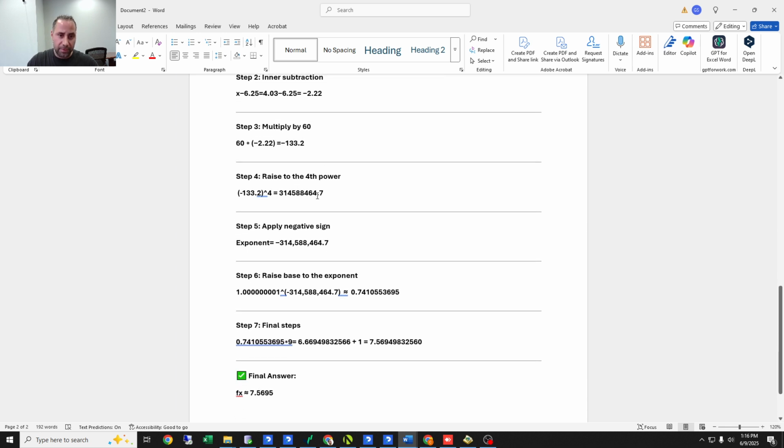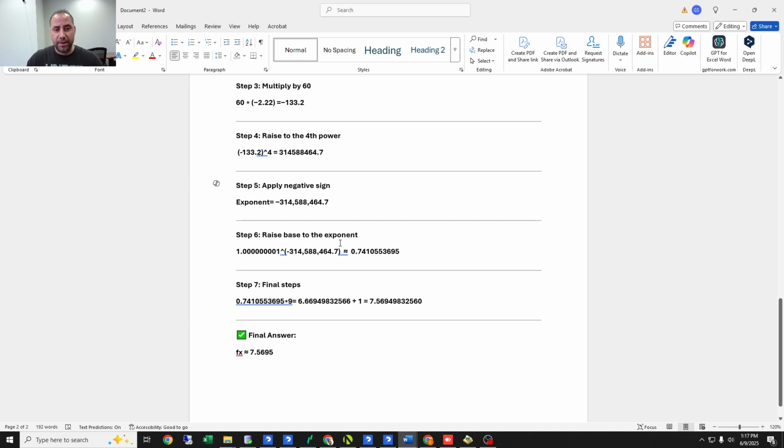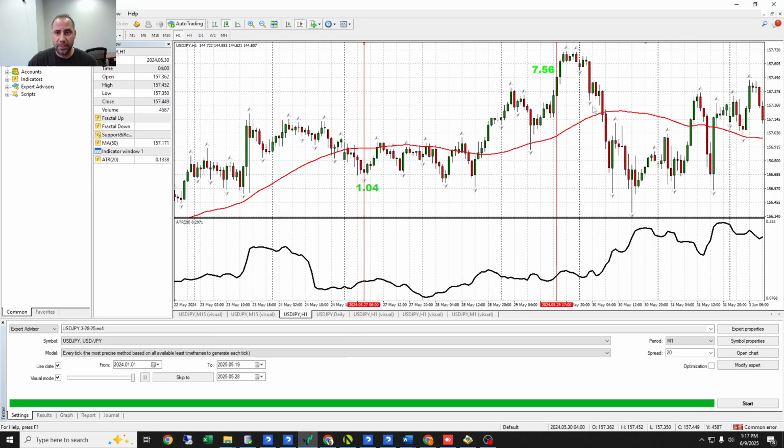Raised to the fourth power is a very, very high number. Obviously we apply a negative sign, and then from there we raise it, and the final step we multiply it by 9 and add 1 and get our final value of 7.57. So 7.56 is our final value, which is going to show the 1 hour momentum value for the price 50.